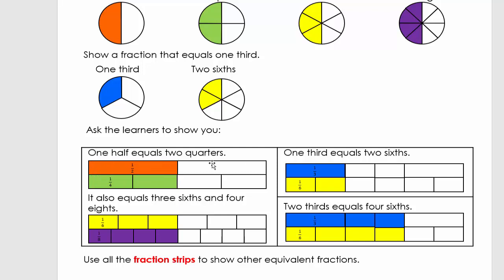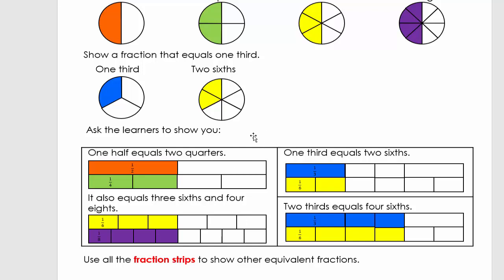Because 1/2 plus 1/2 makes 1 whole. 1 quarter plus a quarter plus a quarter plus a quarter makes 1 whole. But 1/2 is equal to 2 quarters. What about this one? We've got 3 sixths equals 4 eighths. I want you to pause the video here and then explain each of these examples.